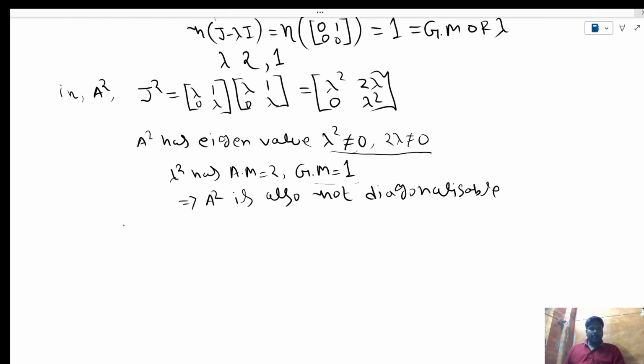So what we get, हम लोग को क्या मिला कि if we consider A is not diagonalizable, this implies A square is not diagonalizable.